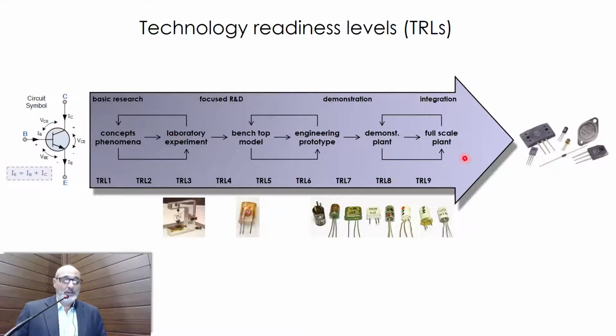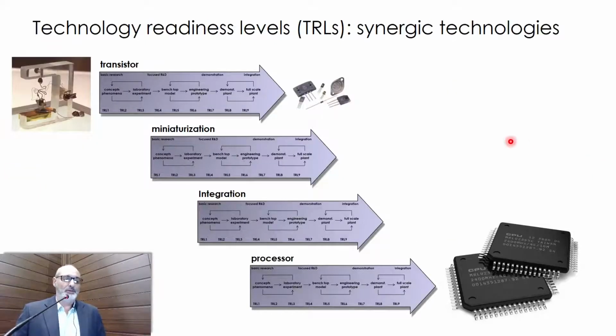So that's the idea. We're going to look in detail at all these levels: basic research, focused research, demonstration, and integration. The idea inside the head of the scientist, and then the process being industrialized and spread in society.